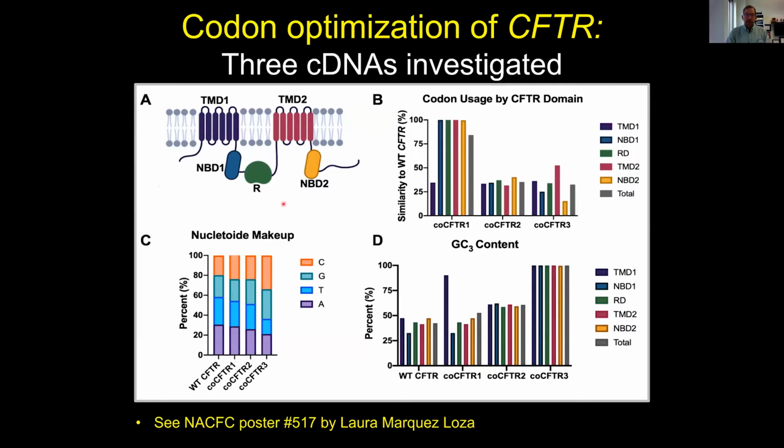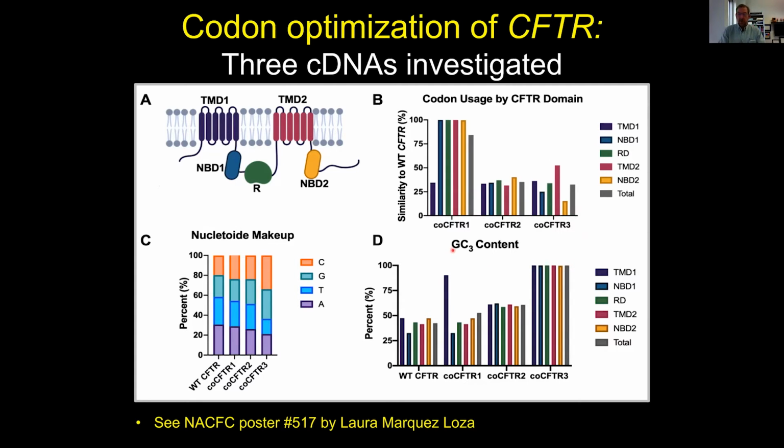So Laura is investigating 3 different constructs. These are schematically color-coded as shown here in panel A. And the 3 constructs are numbered 1, 2, and 3. Number 1 only codon optimizes the TMD1, while the others are codon optimized across the gene.